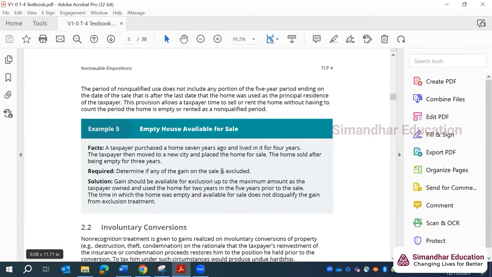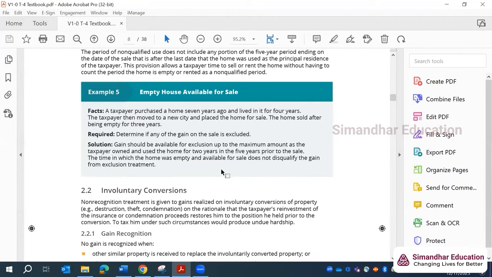Okay. So if we look at this example here, a taxpayer purchased a home 7 years ago and lived in it for 4 years. Okay. The taxpayer then moved to a new city and placed the house for sale. The house sold after being empty for 3 years. Okay. So determine if any gain on the sale is excluded. So the house was not used for 3 years before the sale of the house.